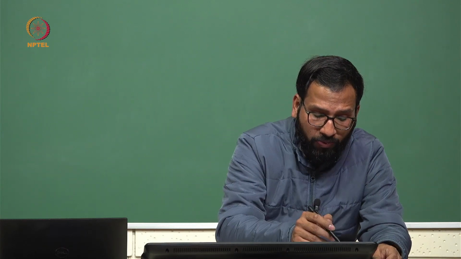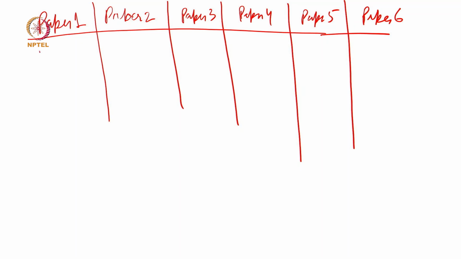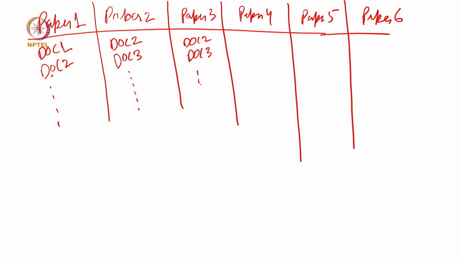Let us assume that paper 1 has many references, but it also has references to document 1 and document 2. Then paper 2 also has many references, and it has document 2 and document 3. These document 1, document 2 and document 3 are other papers. Then paper 3 has all its references and document 2 and document 3. Then paper 4 has document 2 and document 1.